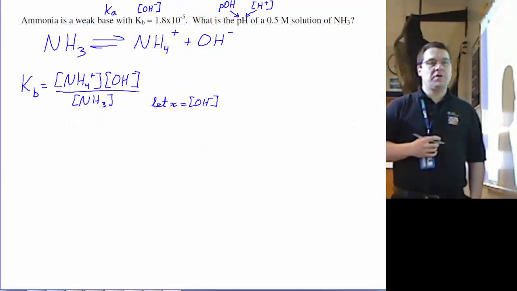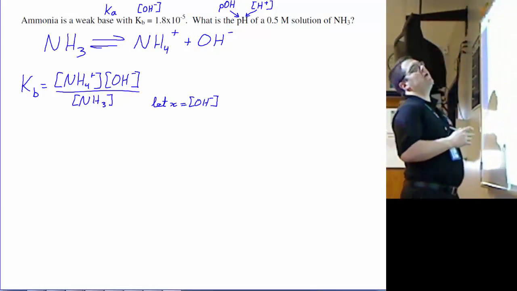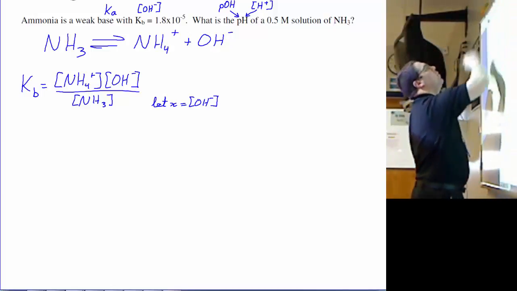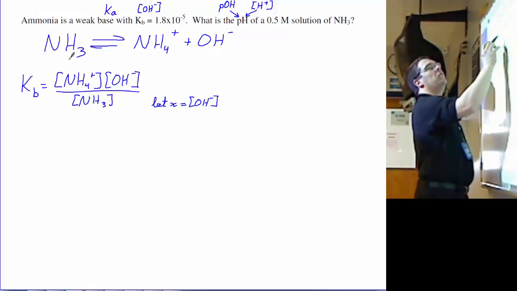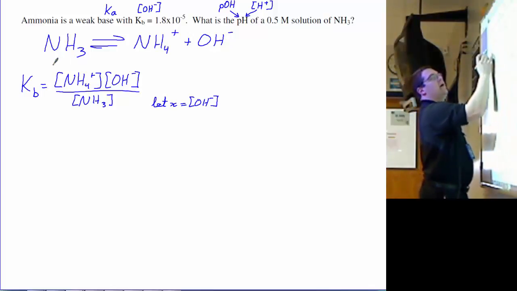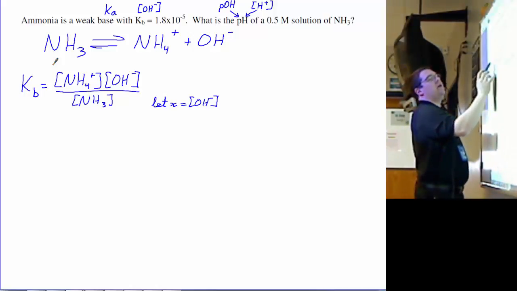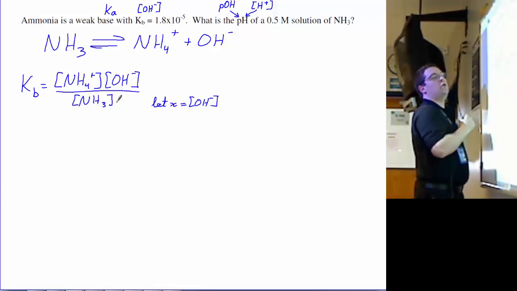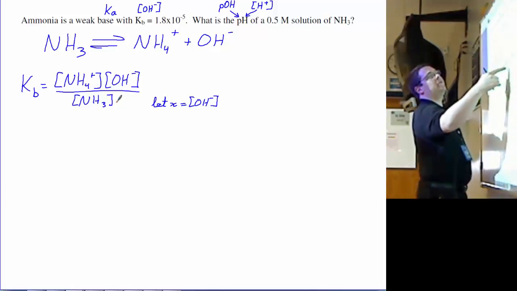All right, so this was the next question you were asking about, finding the pH from the Kb and the concentration. What you need to note is that NH3 is a weak base. So if we talk about its equilibrium, you're going to have ammonia in equilibrium with the ammonium ion plus the hydroxide ion. Again, water's absent because water's concentration doesn't change. So the Kb expression is going to be the concentration of ammonium ion times the concentration of hydroxide ion divided by the concentration of the weak base. And we're going to let X equal the hydroxide ion concentration.